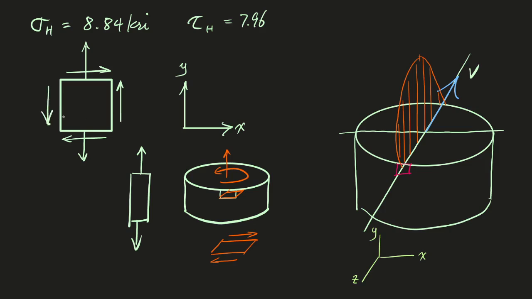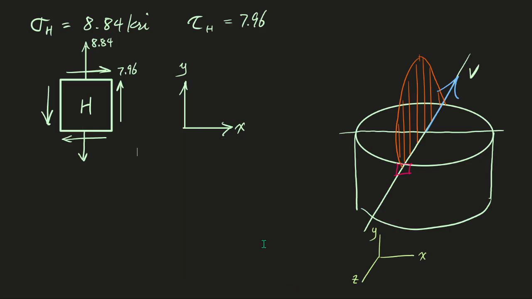This part is just head points to head, tail points to tail, and you have it. Maybe label it as well. So the normal direction gets 8.84, the shear gets 7.96, and there you have your stress element in the current XY axis.